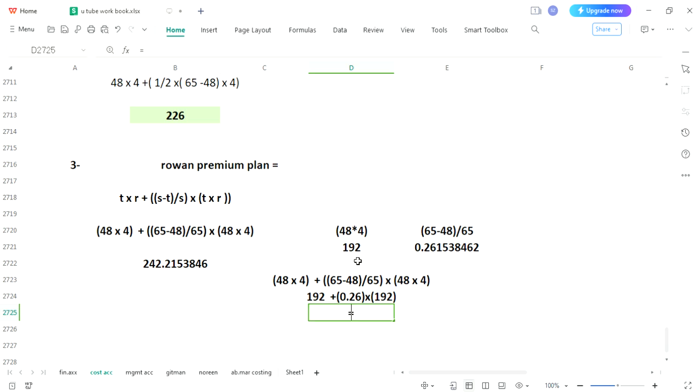So finally, 192 add, there were two answers, 0.261538462, multiplied by 192. Okay, so this is your third step and you have got the same answer, 242 and 242.